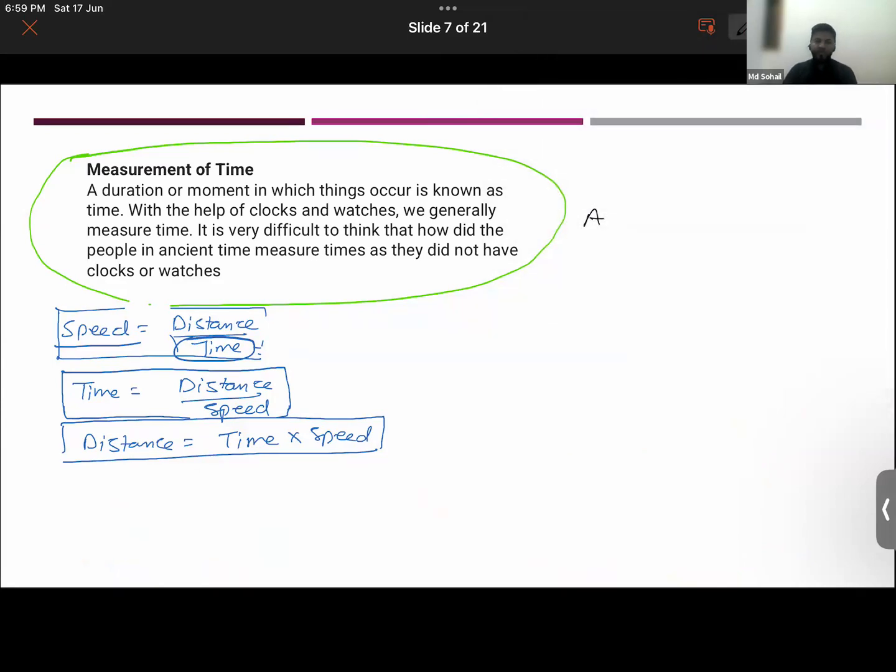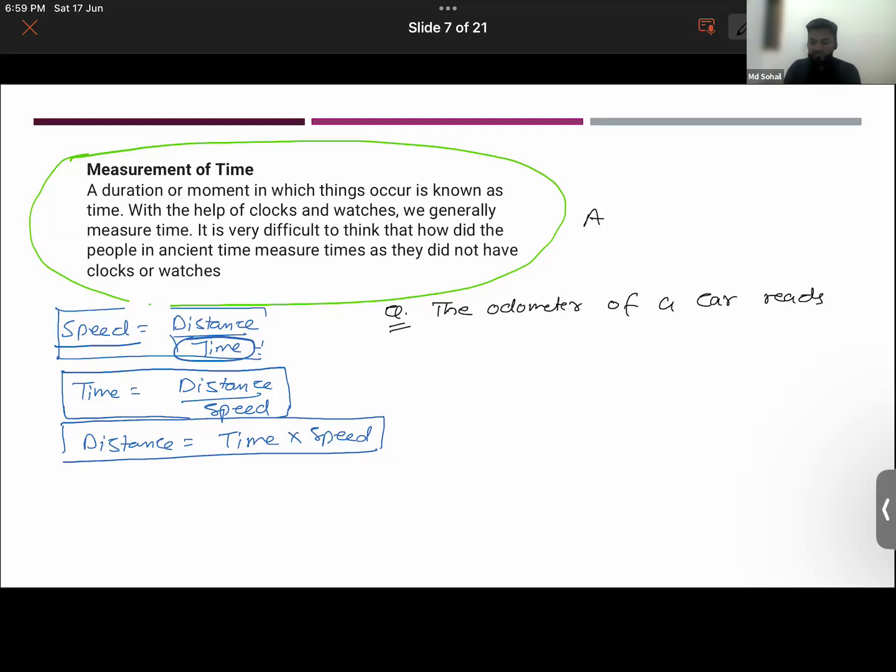Now the question is, the odometer of a car reads 57,300. Let me write the question here. Question says that the odometer of a car reads, you know what is odometer?